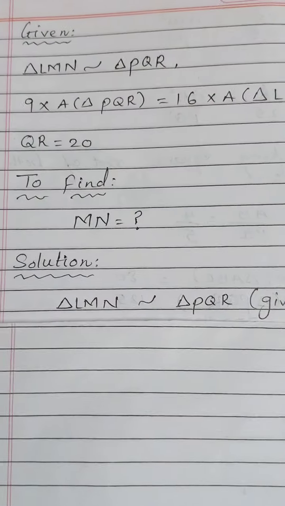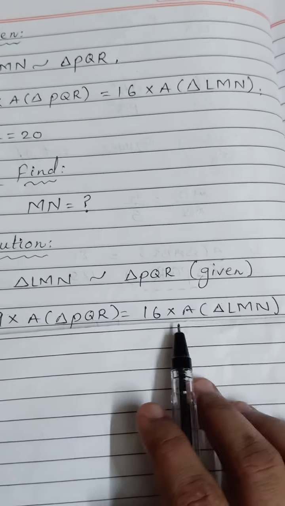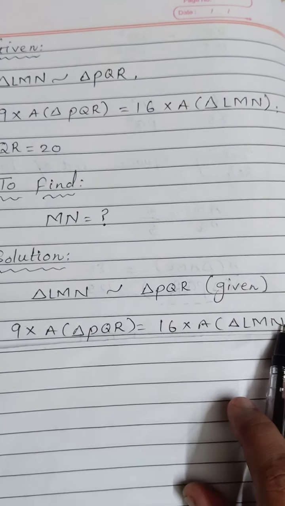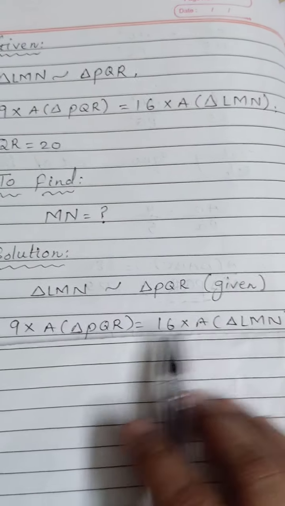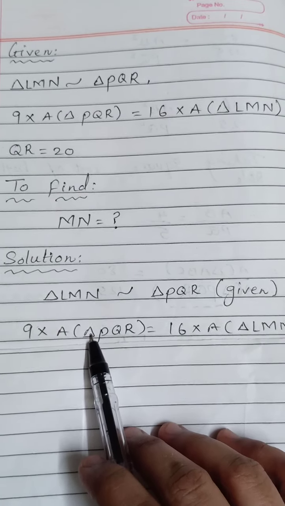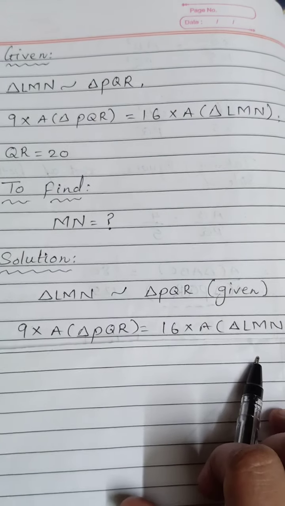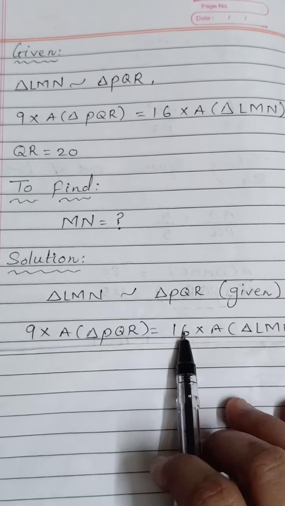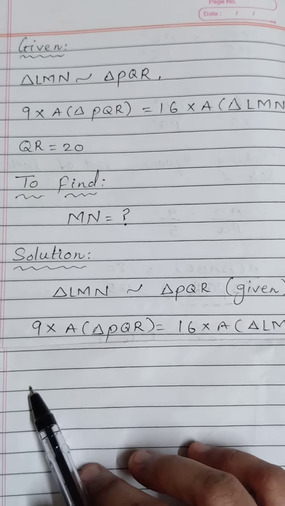That is, 9 into area of triangle PQR is equal to 16 into area of triangle LMN. Now, the area of triangle PQR is in multiplication, so if I take it to this side, it will come in division. Again, this 16 is in multiplication, so if I take it here, it will come in division.